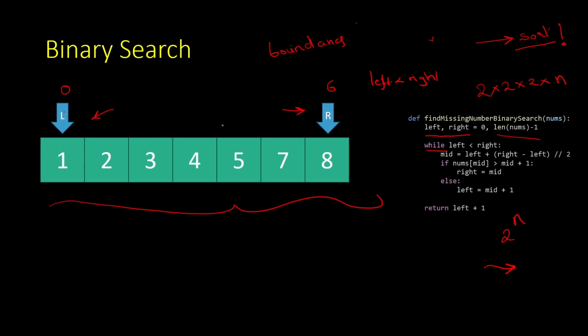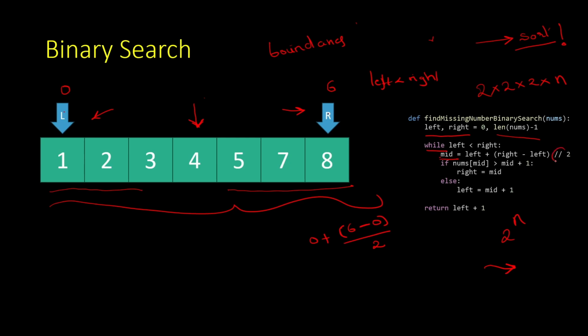Before that, we will be finding the midpoint of this array. So what is the midpoint? If you see visually, these are three elements, these are three elements between. This is the mid. How are you going to calculate mid? It's nothing but left, that is 0, plus right, which is 6, minus left 0, divided by 2.